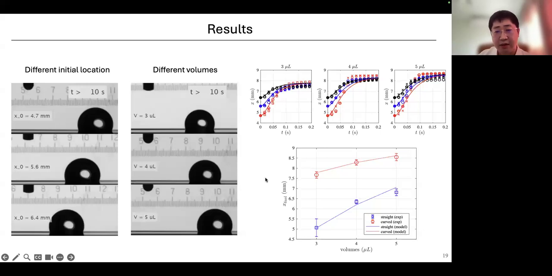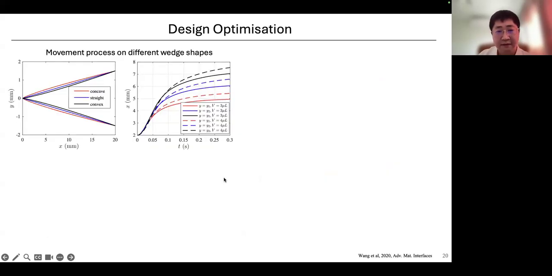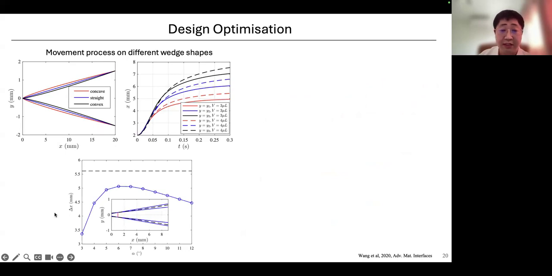So we validate the model, then we can really use the model to investigate what is the effect of the shape, whether it's enhancing or suppressing the movement of the droplet. So that's just a few results. And then we notice that a convex shape, so basically it's opening with an opening angle becoming wider and wider, it's better for achieving longer droplet movement.